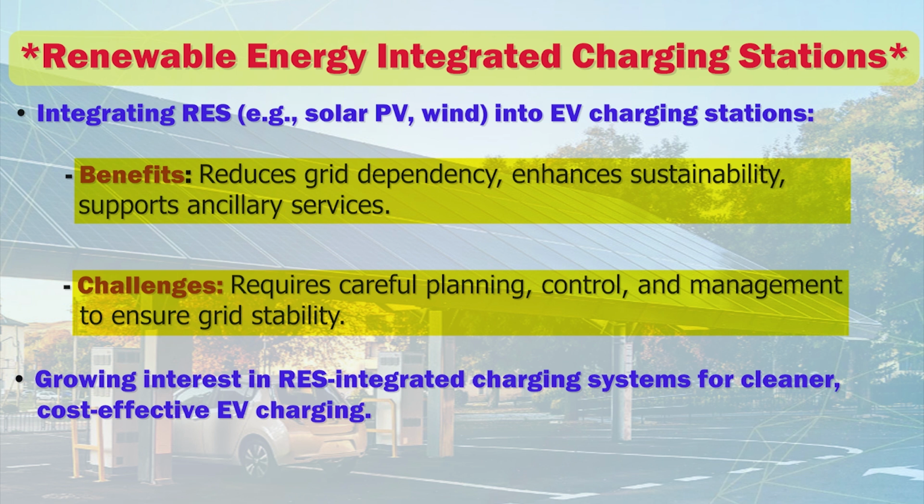Whenever there is no power required by the EV batteries, suppose there are fewer EVs at the station and generation is more than the EV battery charging demand, then extra energy can be injected into the electricity grid, which may ensure grid stability.